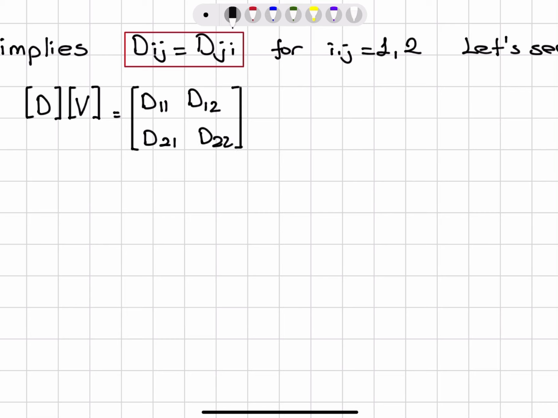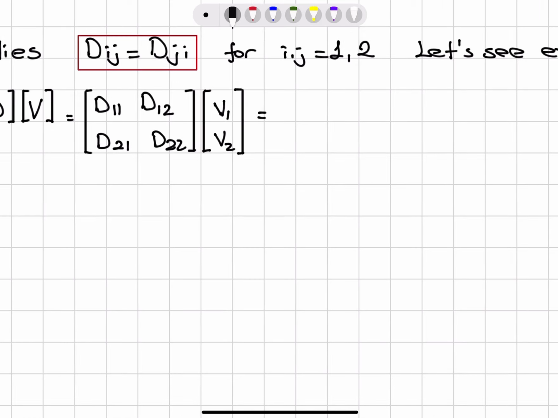Since V is a column matrix, I only need one index: V1, V2. And a 2 by 2 matrix multiplied by a 2 by 1 matrix gives me a 2 by 1 matrix, 2 rows, 1 column, which is D11 V1 plus D12 V2, and then the second element is D21 V1 plus D22 V2.